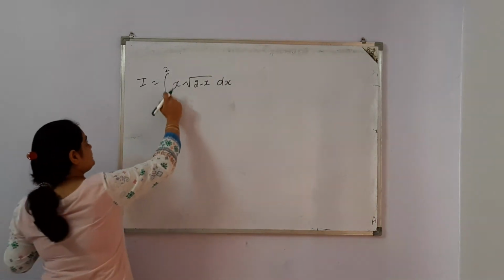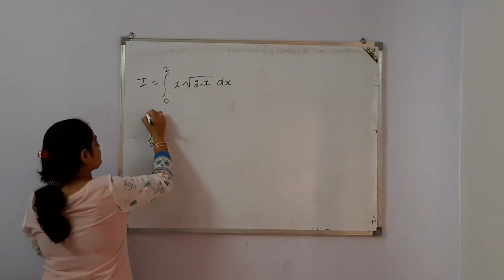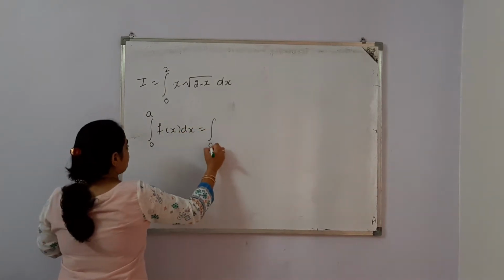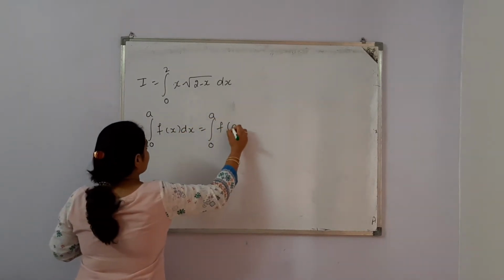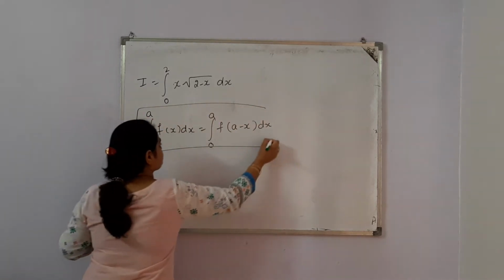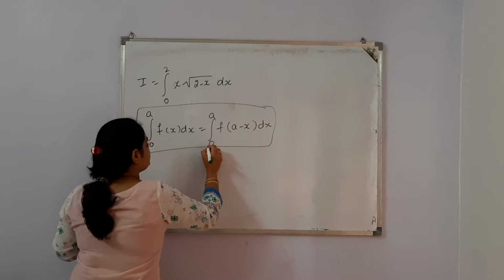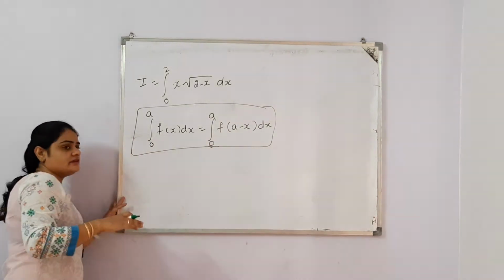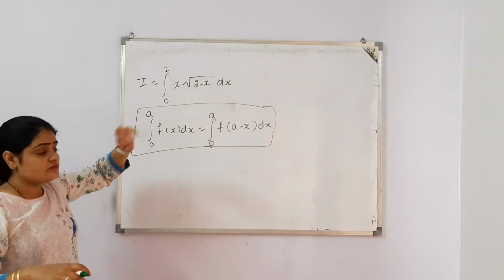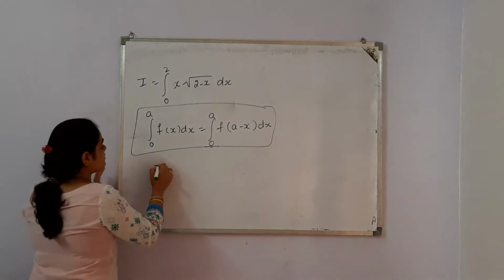But you are watching that with the help of properties this question becomes very easy. How? Now here 0 to a is there. We can apply the property of 0 to a. It is saying in place of x we can write a minus x, dx. This property we did in the last video. So we are going to apply this property.